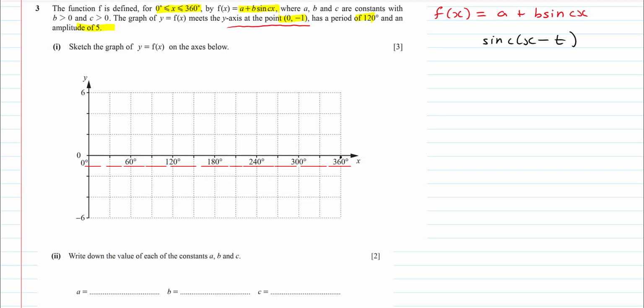And the next piece of information we're going to make use of is the fact that it has a period of 120 degrees. So if we just think of our standard sine graph, y equals sine x, with no transformations or anything, well then the key points on that graph, the maximum and where it cuts the principal axis and minimum, etc., they occur every 90 degrees.